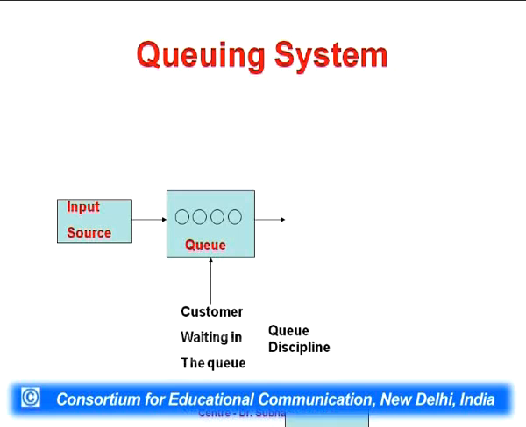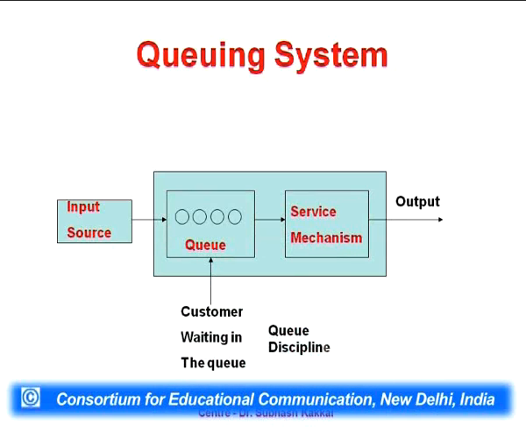And next is queue discipline. What sort of discipline is being used by the customers? And then the service mechanism. Output is the satisfied customer. And this is our queuing system or queuing model. Input source from which the customers are coming, and the queue where customers are waiting to be serviced.